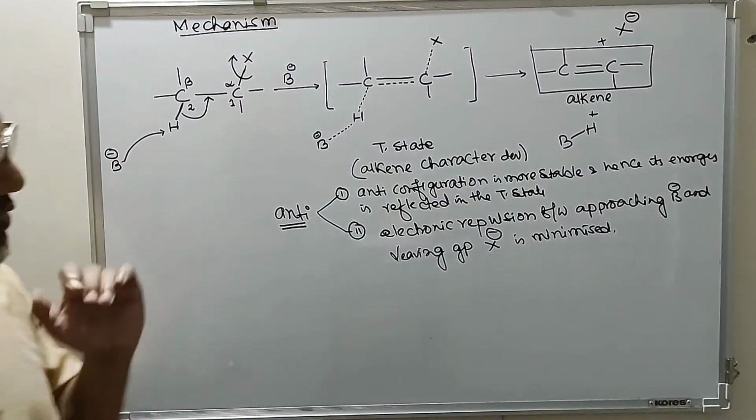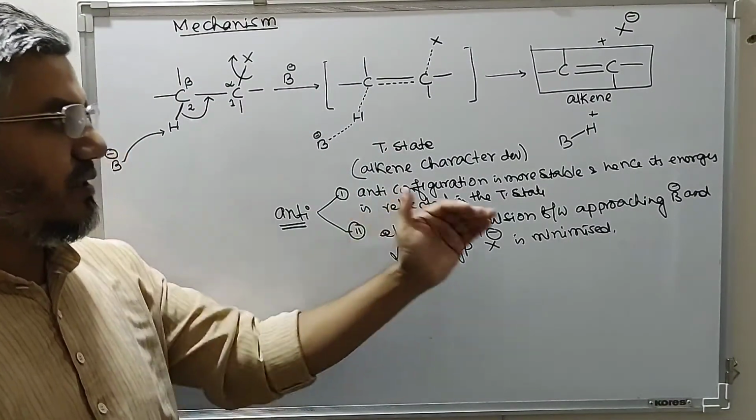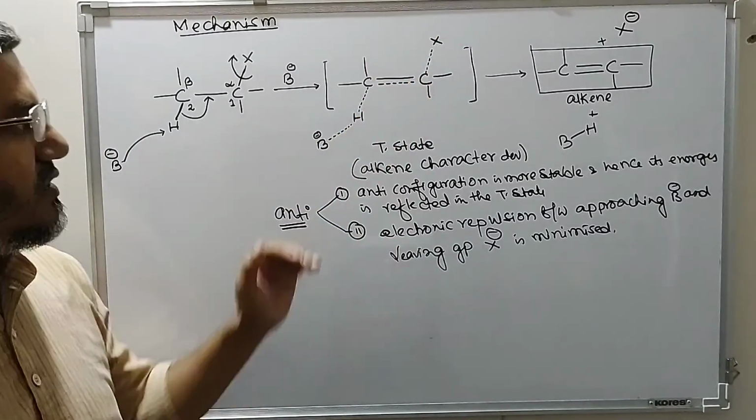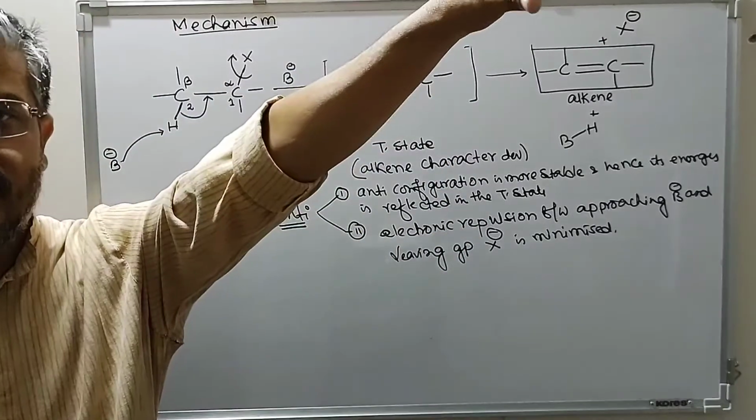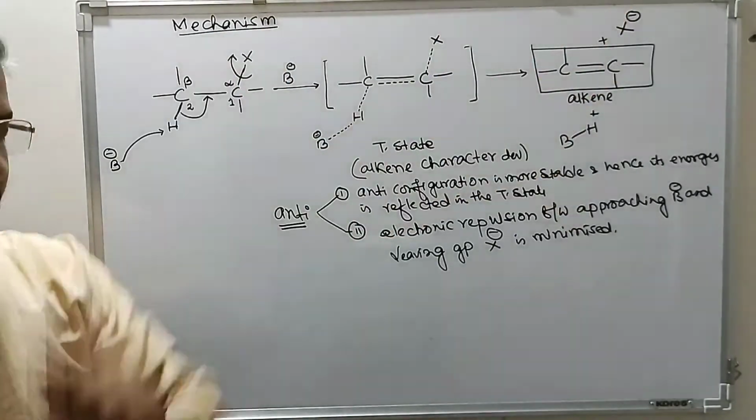So to avoid or to minimize the repulsion between the approaching base and the leaving group X minus, both these groups should be at a distance of 180 degrees, that is anti configuration.